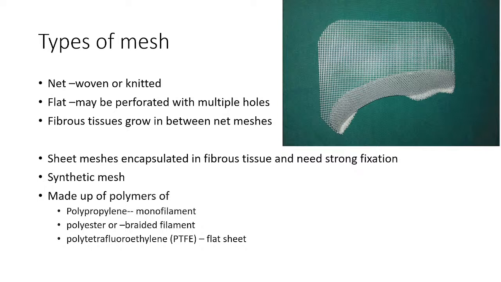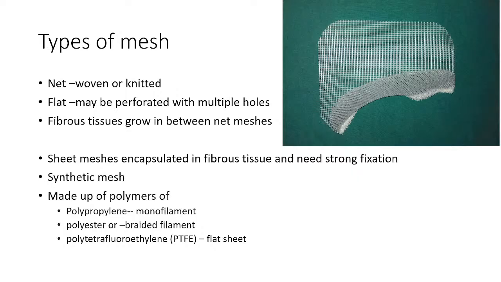There are two types of mesh, synthetic mesh and biological mesh. Synthetic mesh is made of polypropylene, that is monofilament, or polyester, which is a braided filament, and PTFE.